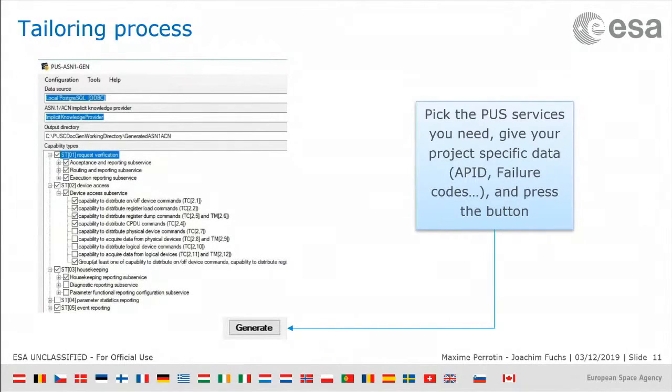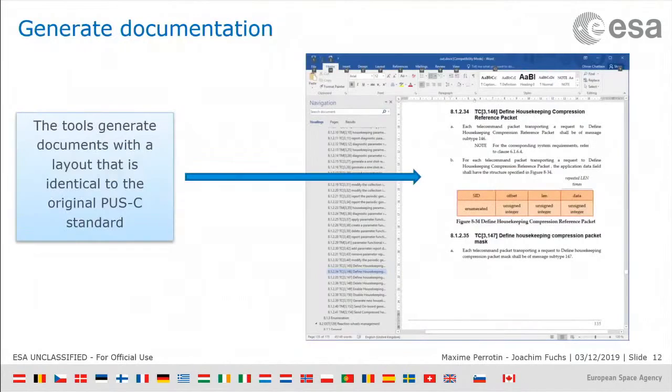You press the button, and all those artifacts I was talking about before are generated automatically. So here it's an example. The document generated by that is a full specification of the PUS C services for your mission.